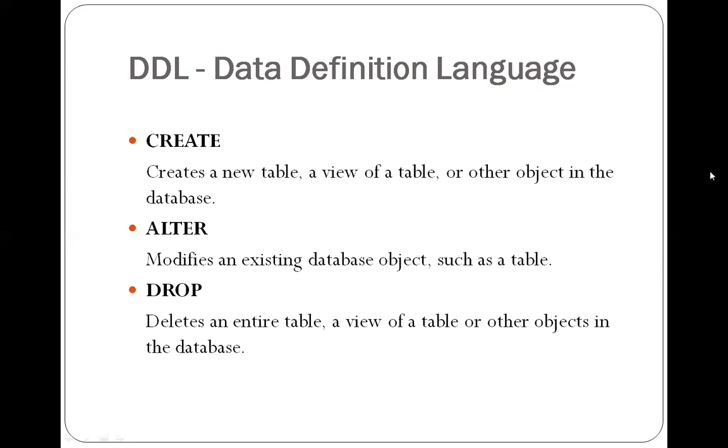Comment is used to add comments to the database dictionary. What is the database dictionary? The database dictionary is where we keep the metadata. And what is metadata? That is the data about data. For that we can add some comments using this command.